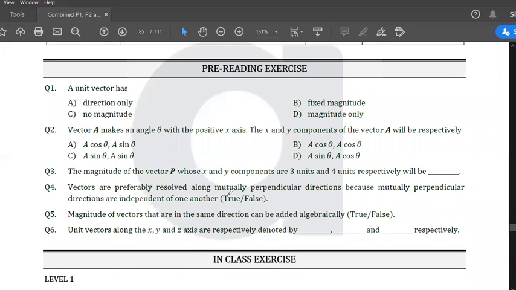So this is true. Now, magnitude of vectors that are in same direction can be added algebraically. True or false? Which question, Sakib? Which question?